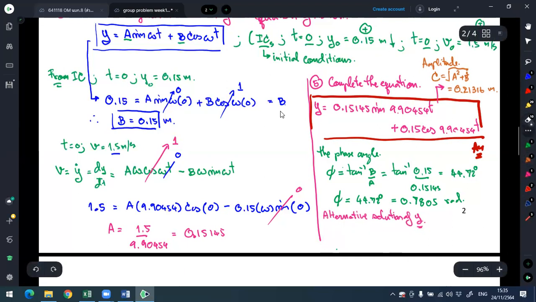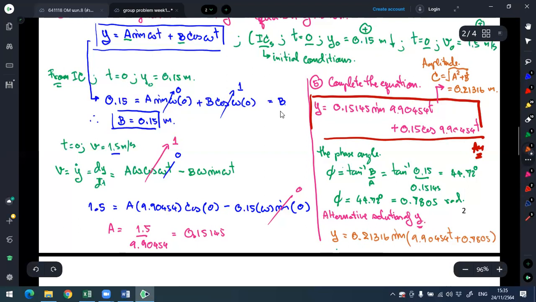So then we can rearrange this equation to be this instead, that is 0.21316 sine of omega t, 9.90454 t, plus phi, that is 0.7805.